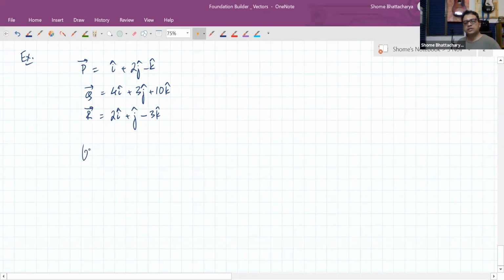So we want to find P plus Q minus R and the magnitude of the same thing, P plus Q minus R.